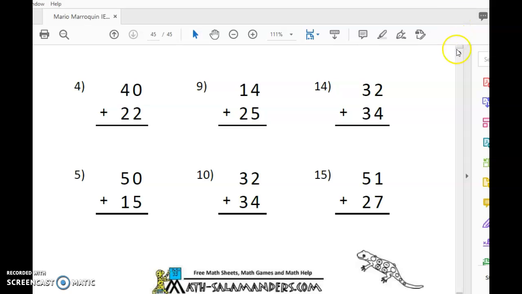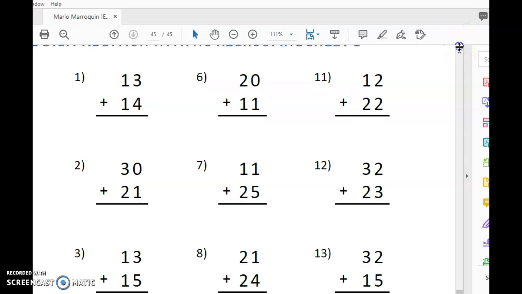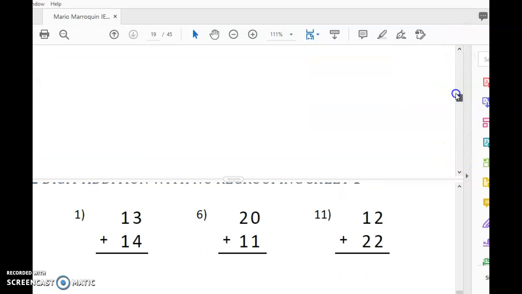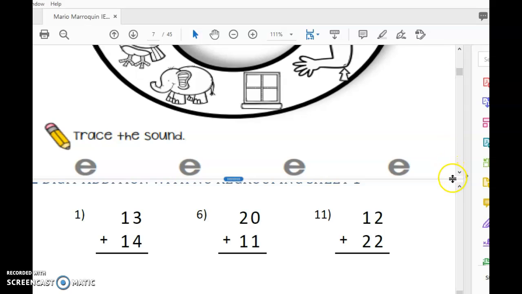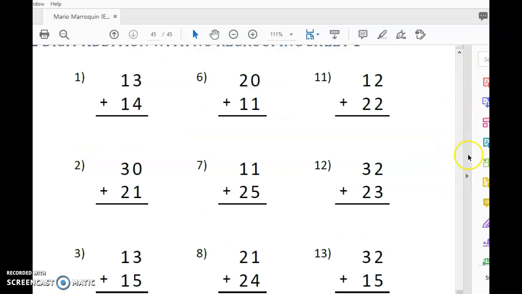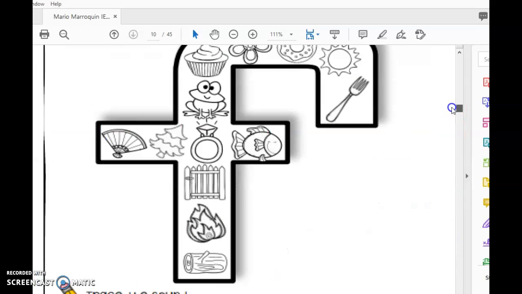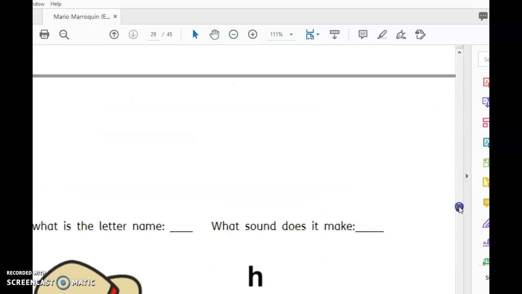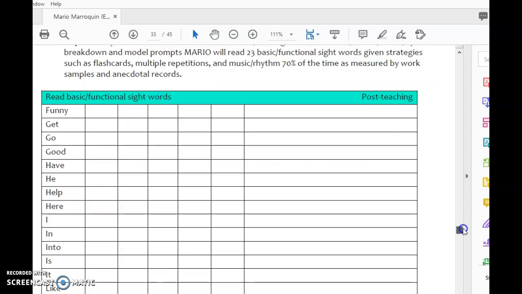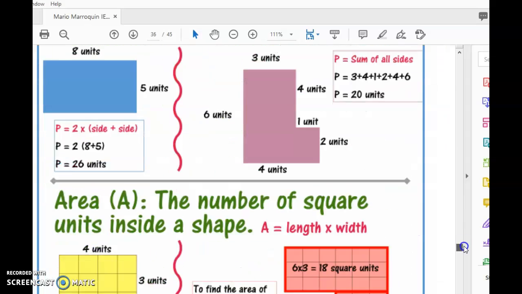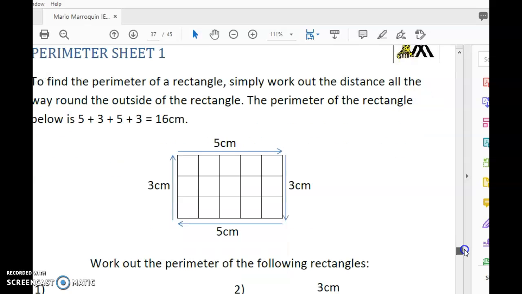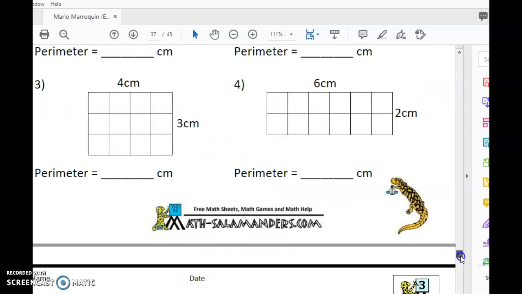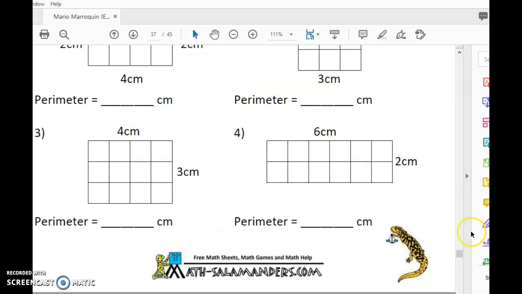We're only doing the first worksheet for each goal. For goal number 3, you're going to work on only this one, 1 through 4.